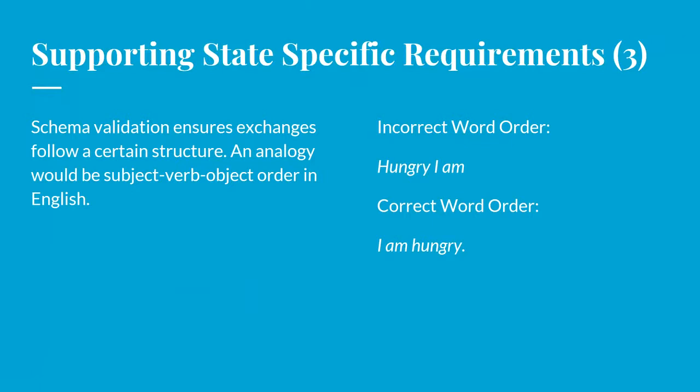spitting out nonsense. So an analogy in English would be a sentence that doesn't follow the subject-verb-object order. And I have an example at the top, "hungry I am" doesn't make a lot of sense, but "I am hungry" because we follow SVO order, makes a little bit more sense.